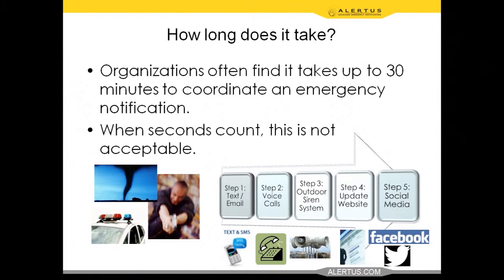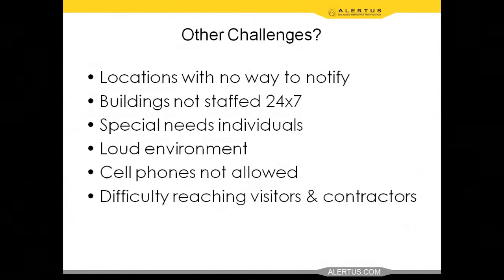We're talking upwards of 30 minutes to get all these things activated. Well, in an event like an active shooter or a tornado, some of those things that need a response immediately, that takes too long. So a lot of our customers have come to us, and we've solved that challenge of being able to integrate and activate everything very quickly.